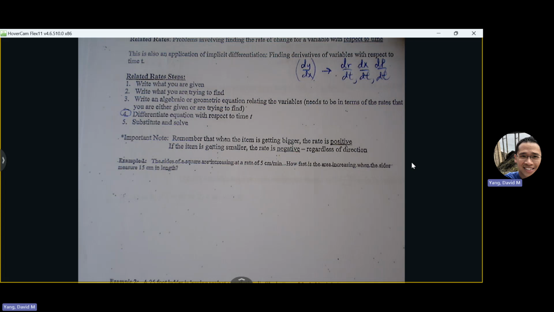Now, positive and negative has no connection with direction. So we have to visualize the problem and ask ourselves, wait, is that value getting larger over time? If it is, we want that rate to be positive. If that value is getting smaller over time, then we want that rate to be negative.